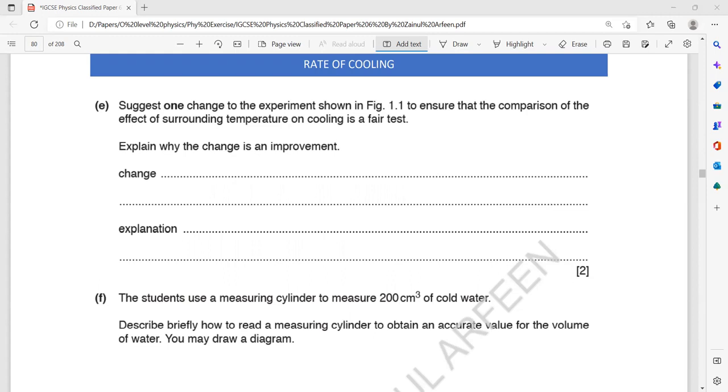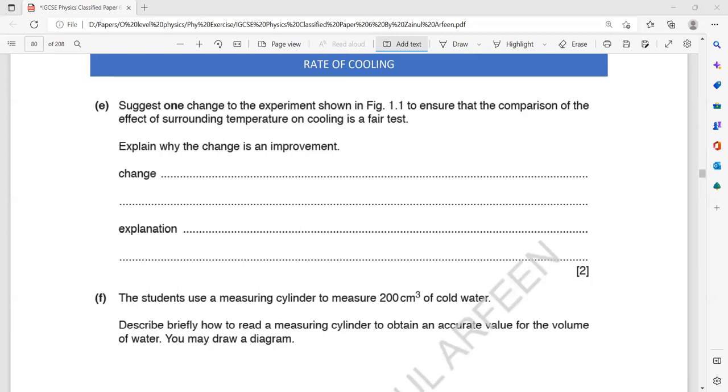For a fair comparison, you mentioned no insulation, but it won't be accurate. Take equal volume of water, that's true. Make sure there is no wind, because the rate of cooling is affected by the wind. Make sure the initial temperature is the same. Why can you not mention insulation?